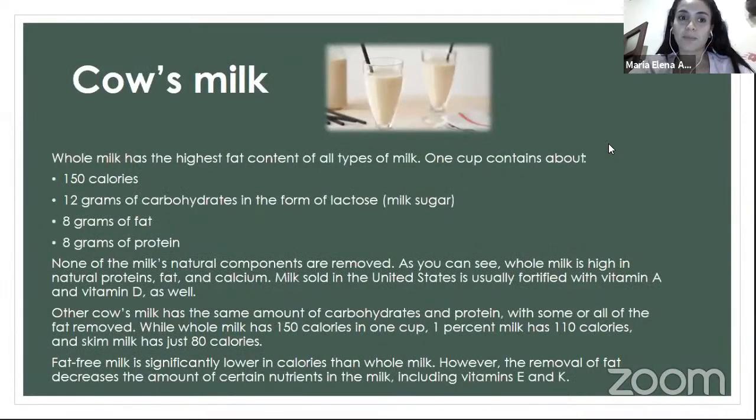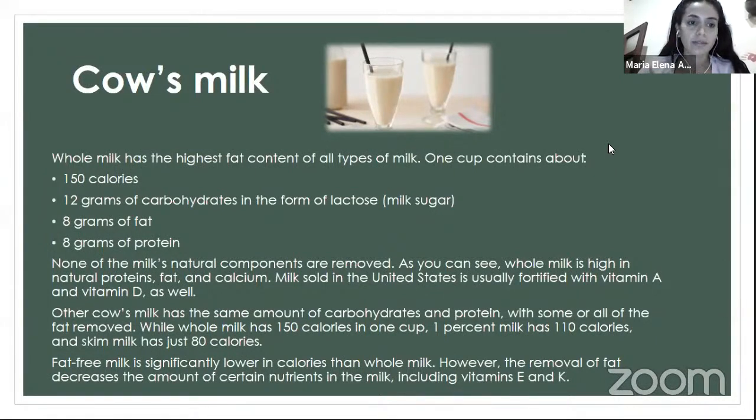So first, I'm going to talk about cow milk. Whole milk has the highest fat content of all the types of milk. For example, this is just an explanation of what a cup of cow milk contains. One cup of milk has 150 calories, 12 grams of carbohydrate in the form of lactose, that is the milk sugar, 8 grams of fat, and also 8 grams of protein.